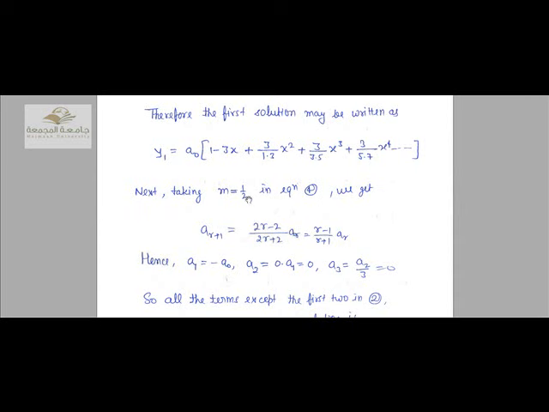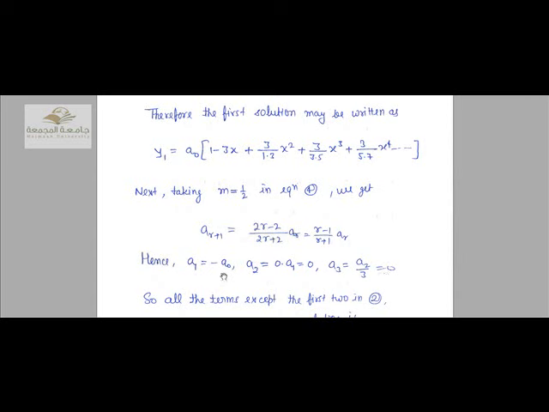Next, taking m is equal to half in equation 4, we get a(r+1) is equal to (2r minus 2) divided by (2r plus 2) ar, that is (r minus 1) over (r plus 1) ar. Hence a1 is equal to minus of a0, a2 is equal to 0, a3 is equal to 0.